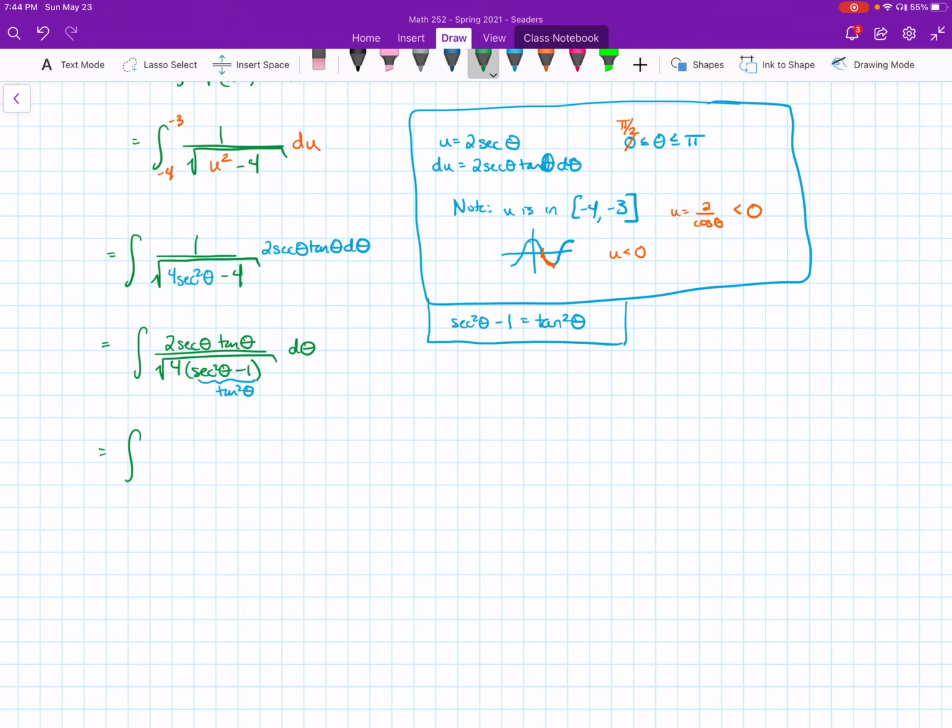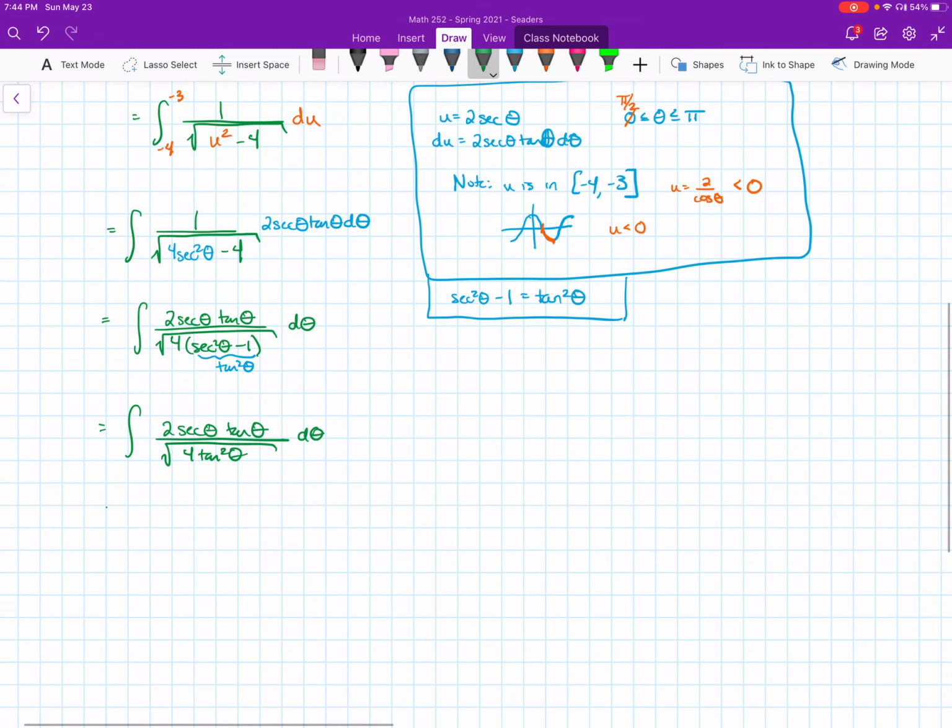So I have the integral of 2 secant theta tangent theta over the square root of 4 tangent squared theta. Now when I cancel my square root, I have to be careful, because I might need a negative sign if what I started with was negative, because the square root always gives me back the positive version.